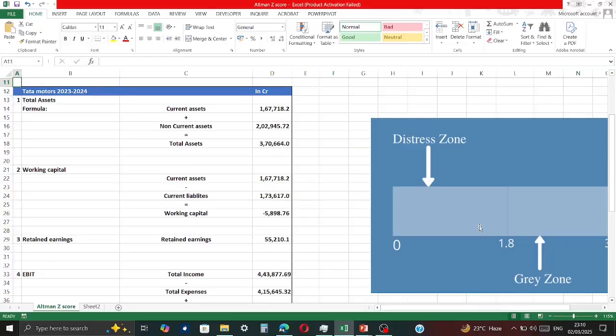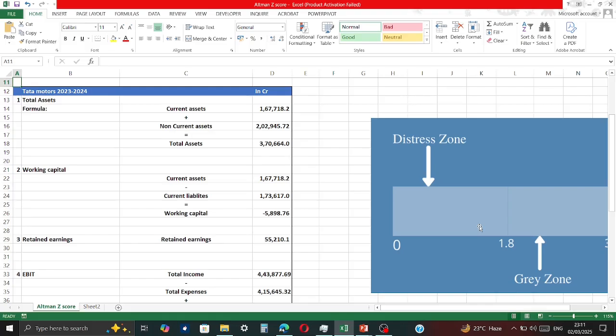I have taken the example of Tata Motors. Okay, 2023 to 2024 ये information मैंने ली है from the annual financial reports of Tata Motors. You can also visit the Tata Motors website and get these details, and you can also calculate this.